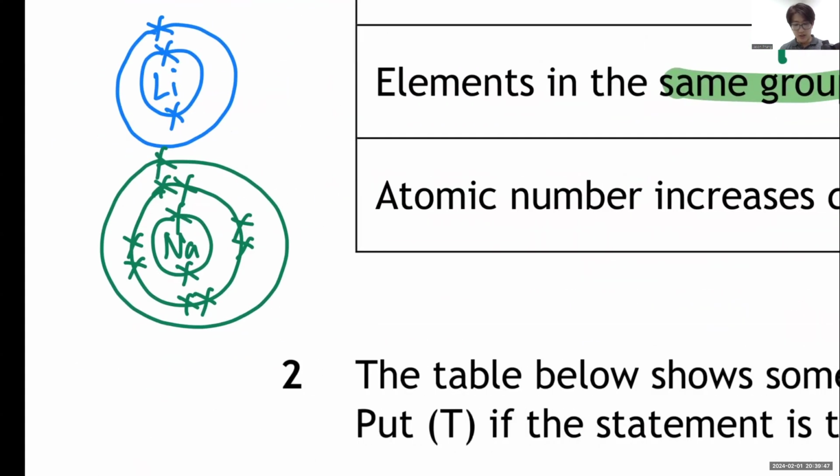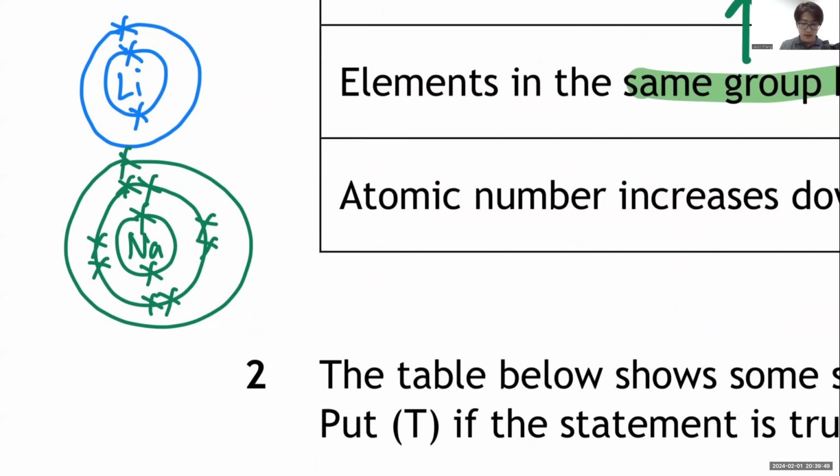Look at what I drew for lithium and sodium. How many valence electrons does lithium have? Valence means outermost. 2 on the inside, only 1 outside. So lithium is 1 valence. Sodium also 1. So they are in the same group.